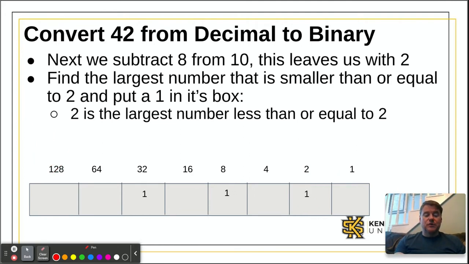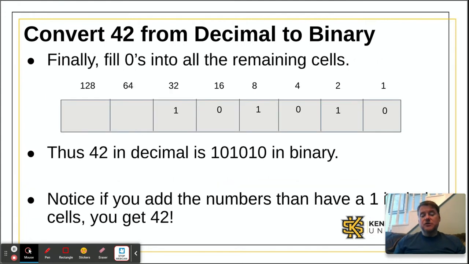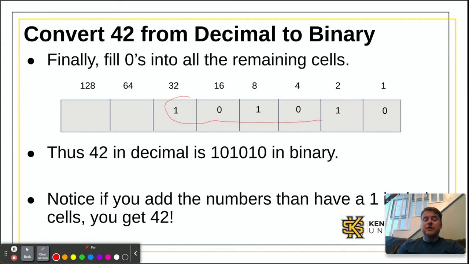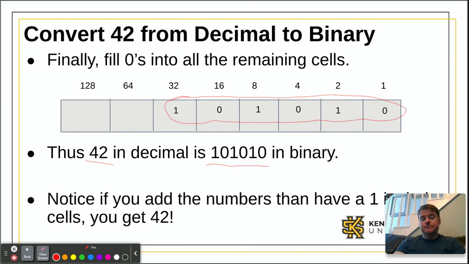This is all you had to do. All of the remaining cells we're just going to fill with zeros. And the reason we're going to do that is because you still have to record the fact that there was nothing in those boxes. So the conversion of 42 from decimal to binary ends up being 101010. 42 in decimal is 101010.